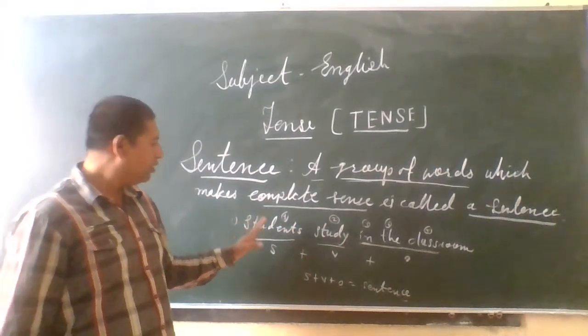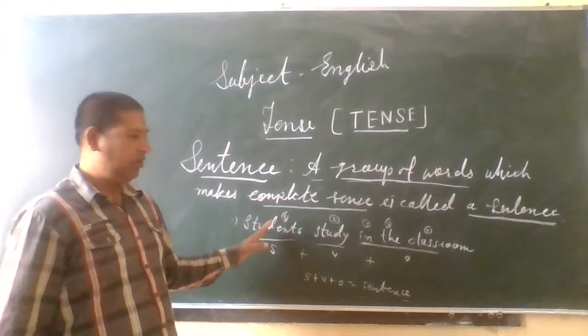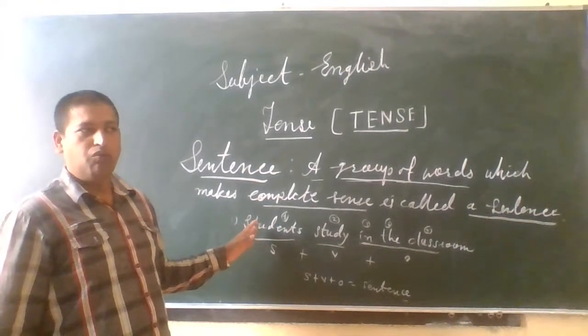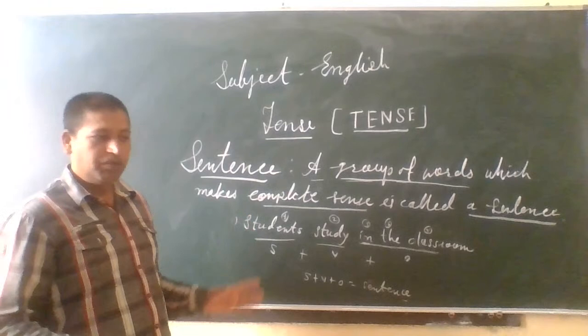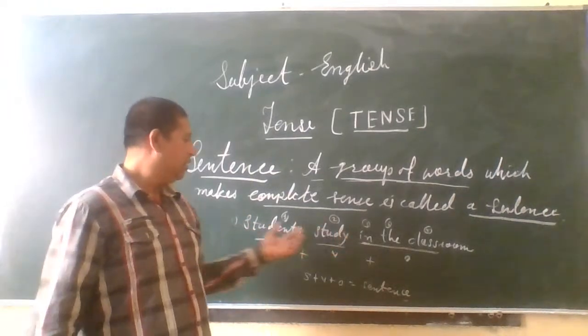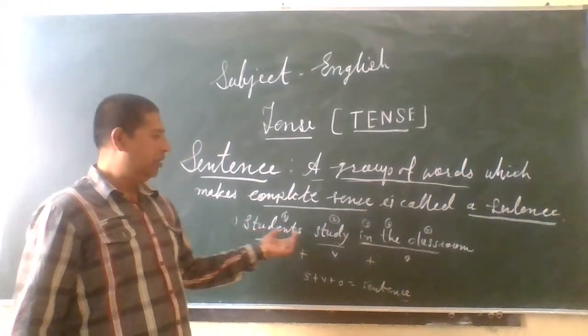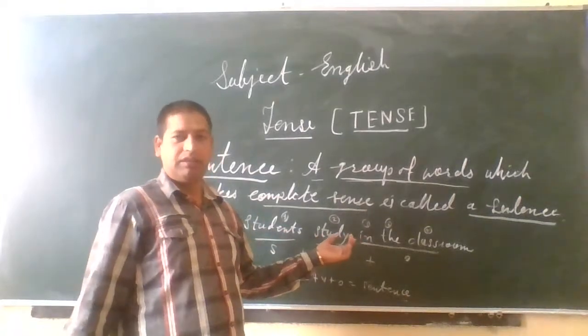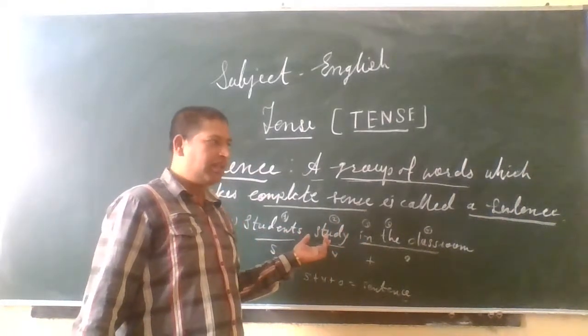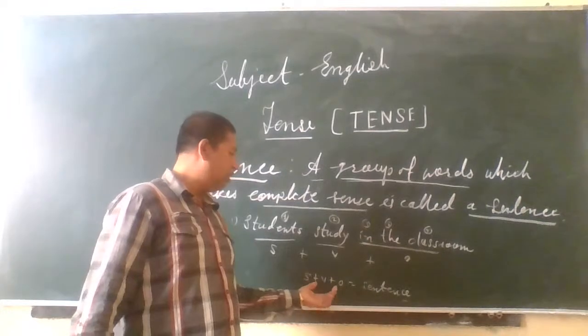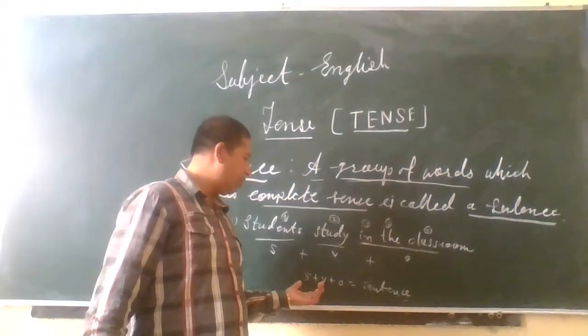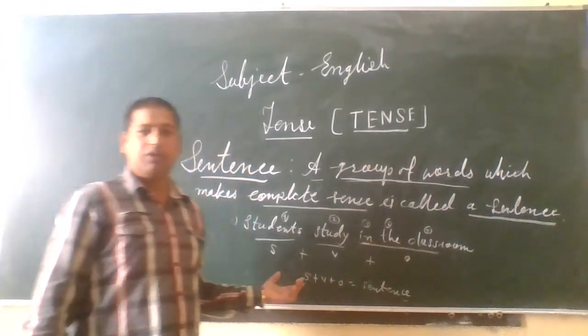If you understood the words, words are very important. Words make the building of the sentence. If we understood the words, you will understand the sentence. And if you understand the sentence grammatically, you will construct sentences in proper sequence: subject plus verb plus object.